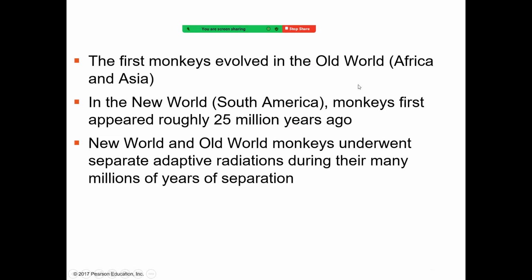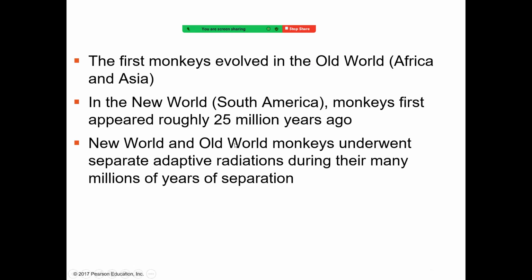First monkeys evolved in the Old World, likely Africa and Asia. Monkeys first appeared in the New World or South America roughly 25 million years ago. New and Old World monkeys underwent separate adaptive radiations. Remember, adaptive radiation is this idea that new environments open up, and this allows for lots of different species to evolve.